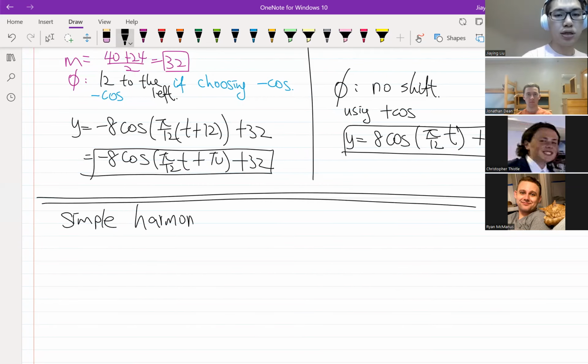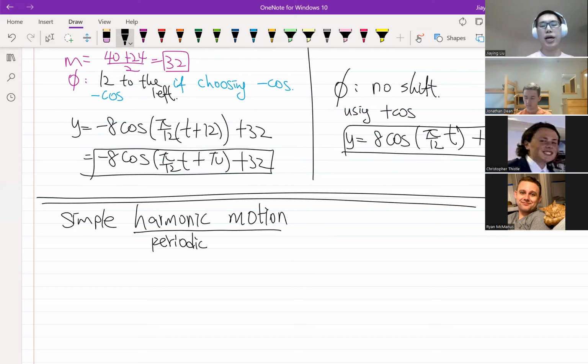harmonic motion. Now you've probably already seen it in the past. A harmonic motion basically is a periodic motion, for example, when you have a pendulum, you have an object tied to a piece of string and you hold it in a position, then you let it go, it's just going to go back and forth, back and forth.